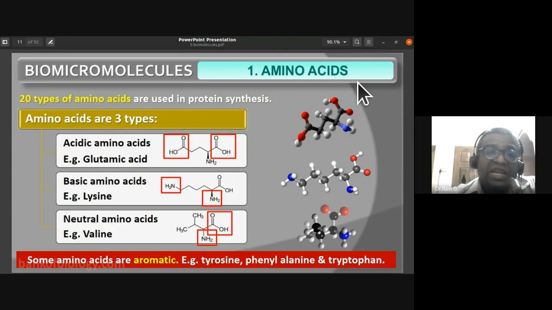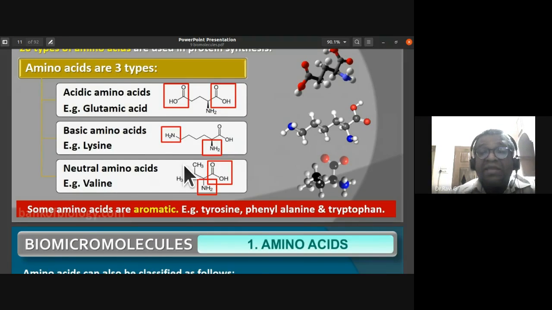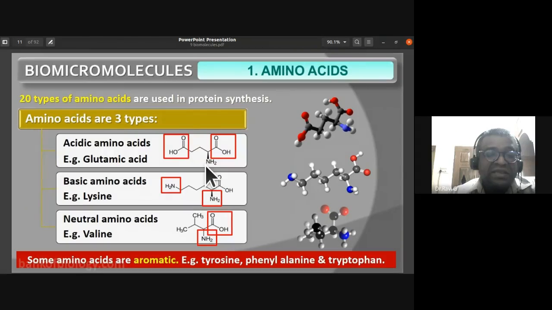Amino acids are of three types: acidic amino acids, basic amino acids, and neutral amino acids. In acidic amino acids, there would be two carboxylic acid groups and one amino group.